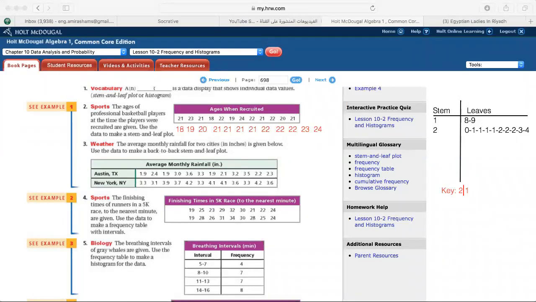Okay, girls? Write it, please. And I should continue here that the key means 21.